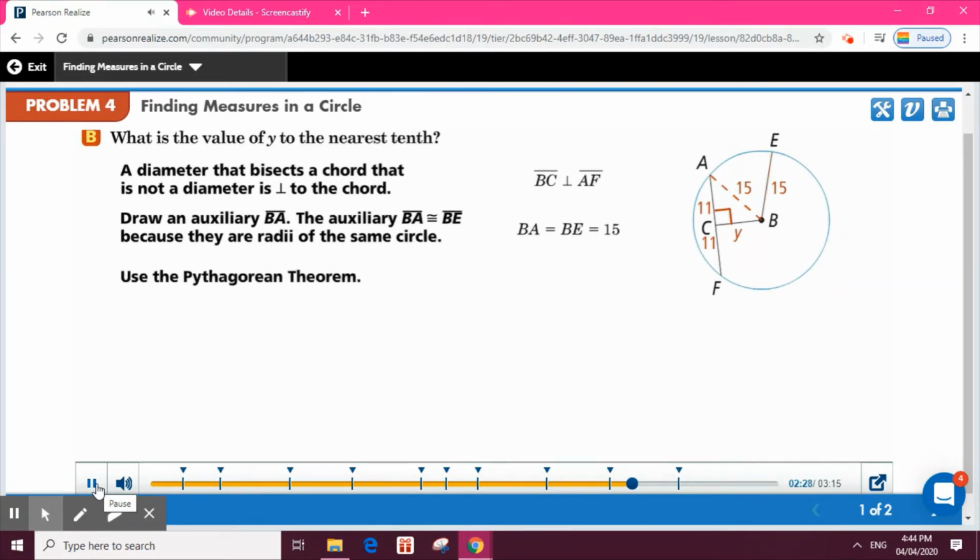Now use the Pythagorean theorem. Substitute each side length. Now simplify.